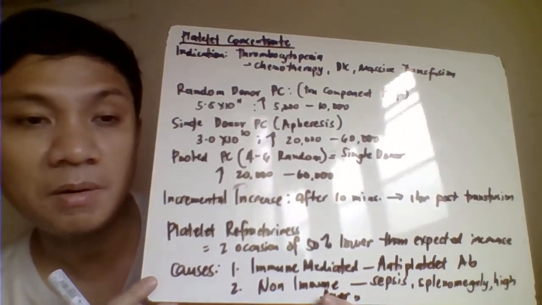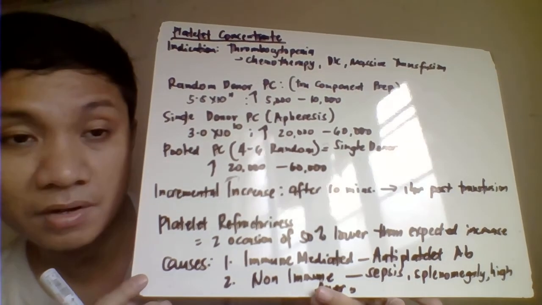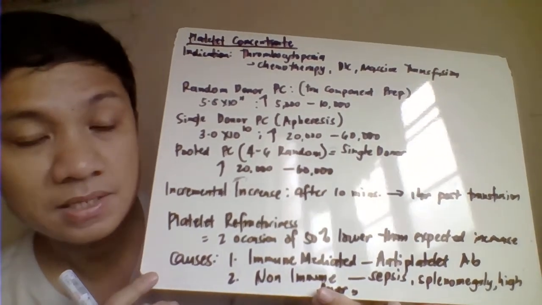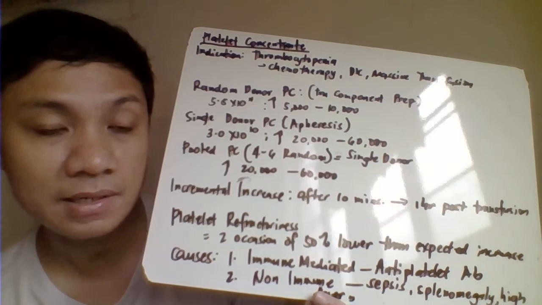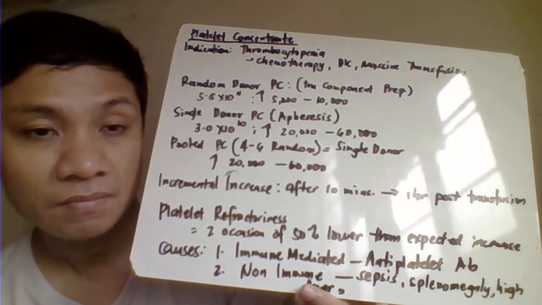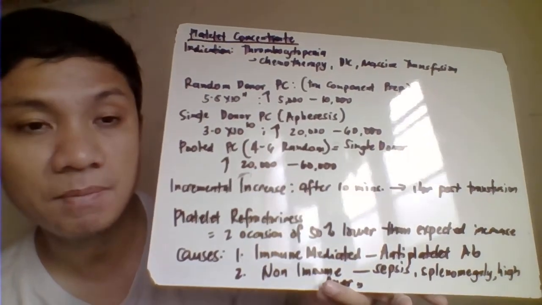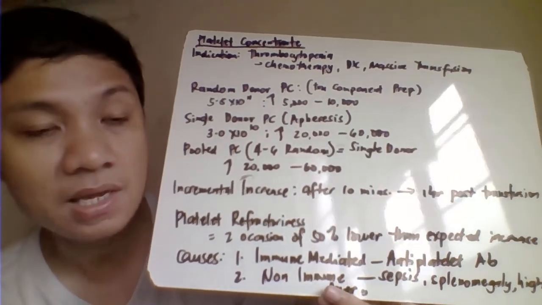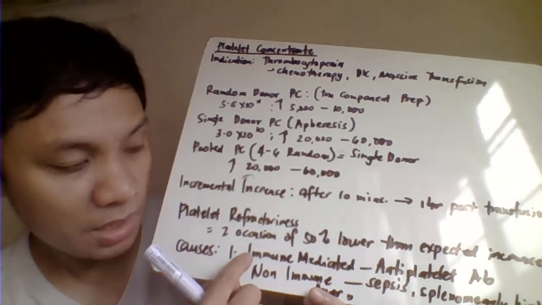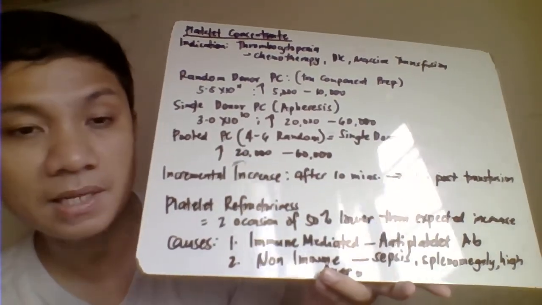Okay, we have the term platelet refractoriness. This is a condition wherein the recipient's platelet count did not increase after administration of platelet concentrate. So why did it not increase? It might be immune-mediated because the patient has anti-platelet antibody.